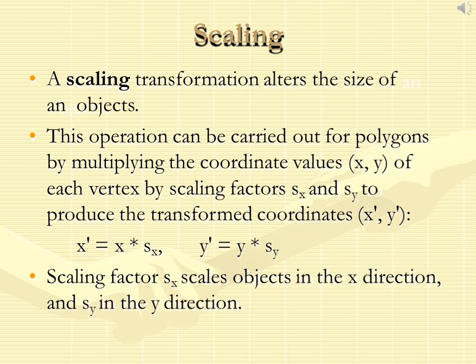This can be mathematically represented as x dash is equal to x into sx and y dash is equal to y into sy. Scaling factor sx scales the object in the x direction and sy in the y direction respectively.